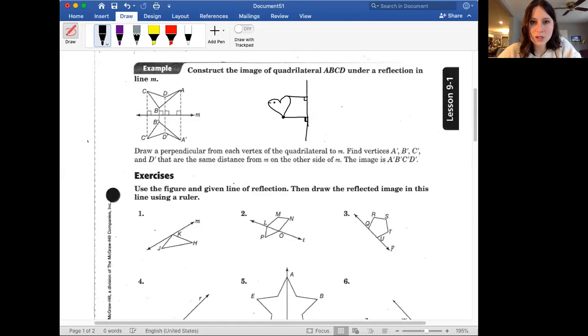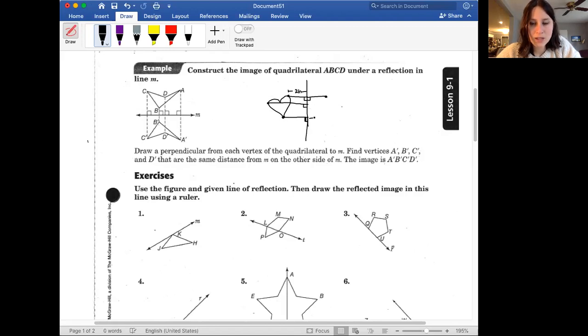This is a round object, my heart's round, so it's hard for me to have exact points. But let's say that this line here was about 2 inches, then my image has to be 2 inches in the opposite direction, making a right angle.